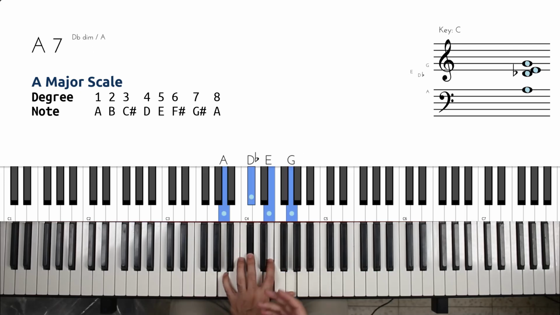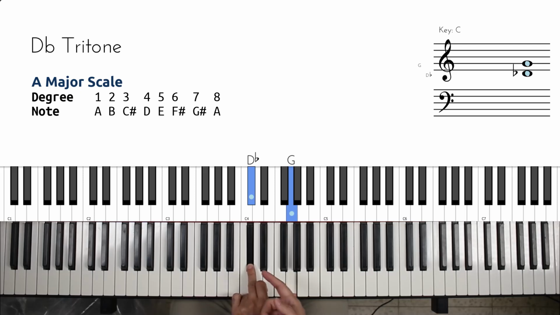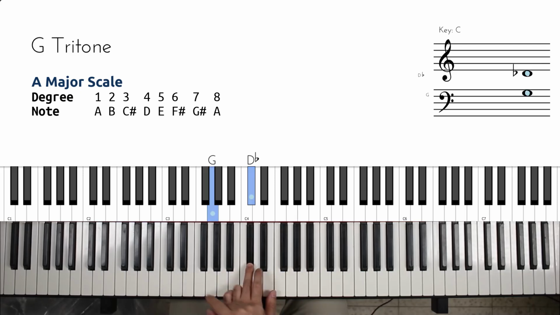And I get the A dominant 7th chord. I can omit the 5th and get a shell voicing for A dominant 7. I can also omit the 1st degree and again get the shell voicing for A dominant 7. And I can invert it, I can revoice it by taking the G, moving it down an octave.